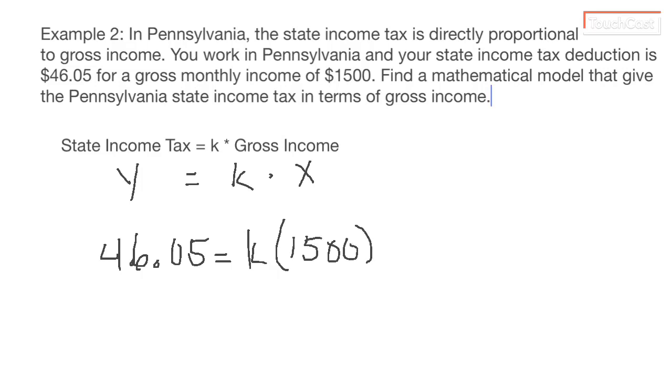Now we want to solve this for k, so we're going to divide by 1,500. When we do that, we find that k is equal to 0.0307.